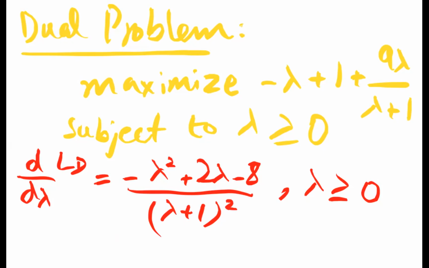One would be lambda 1, where this guy is 0, or the second would be lambda 2, where this guy is 2.